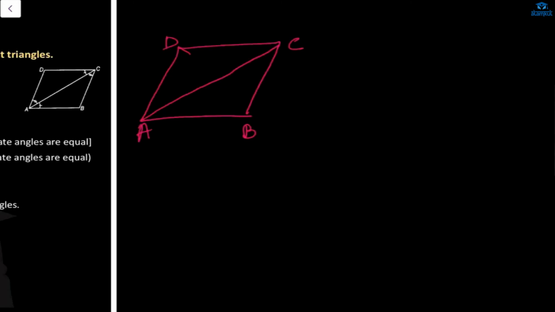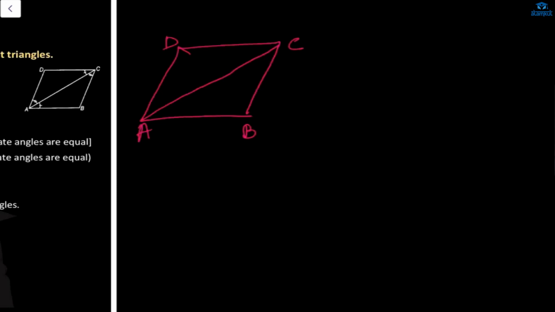We know that in both triangles, AC is equal to AC because it is common. Then angle CAB is equal to angle DCB.